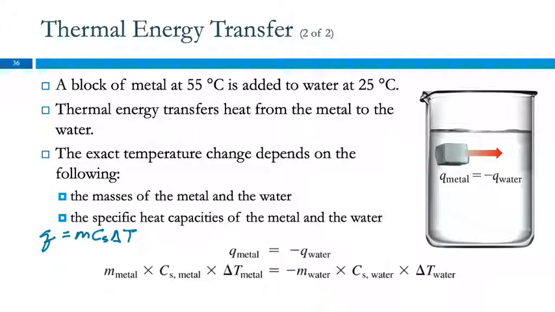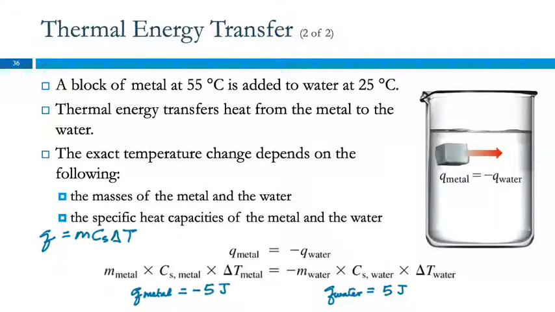Well, it's absolutely fine. Let's just say that Q metal is minus 5 joules, right? And Q water is positive 5 joules.